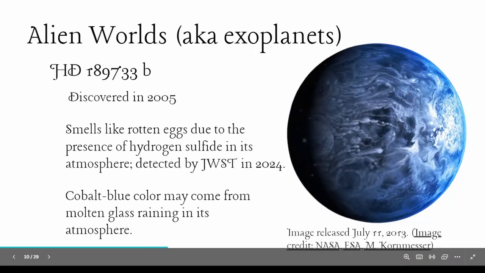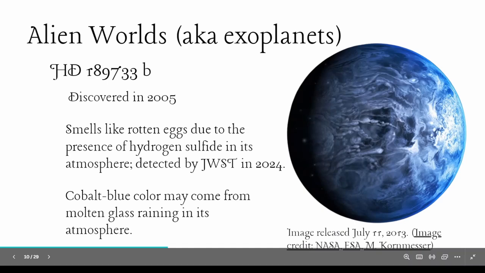And a couple of them that we look at here. So these are alien worlds, also called exoplanets. So exoplanets, anything that's outside of our solar system. And I want to say the latest count was, the number I remember is 6,000, but I would think there has to be more than that.